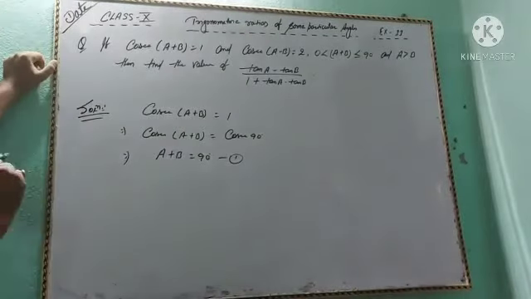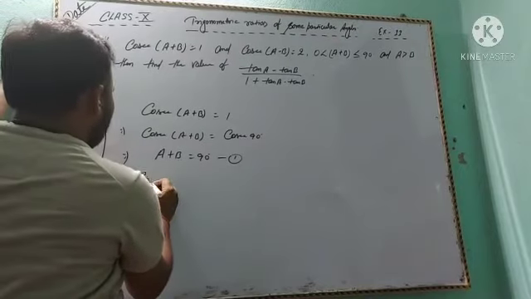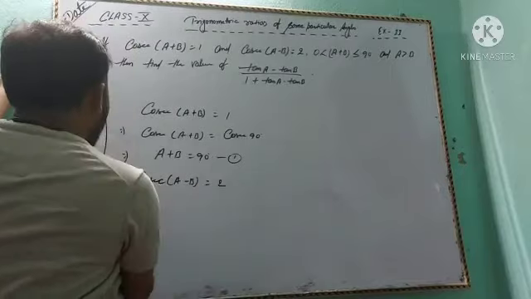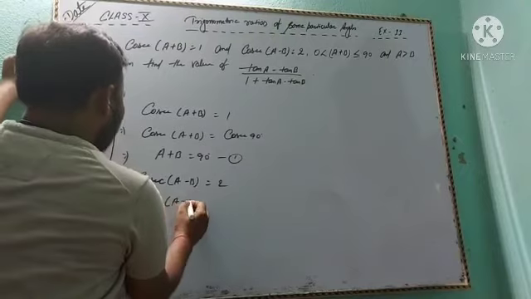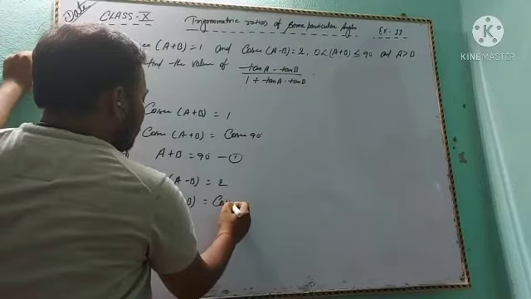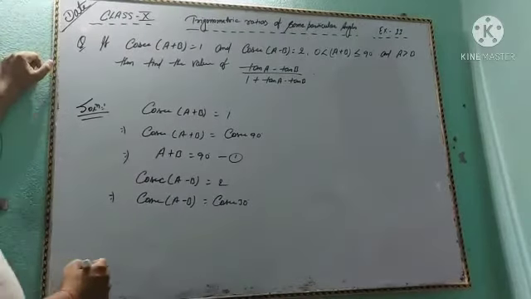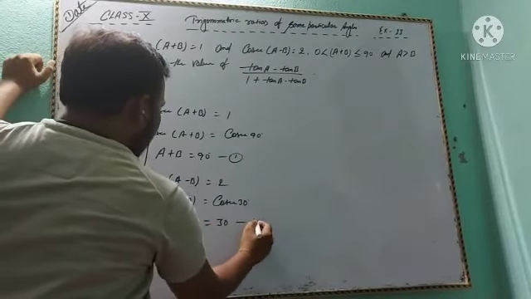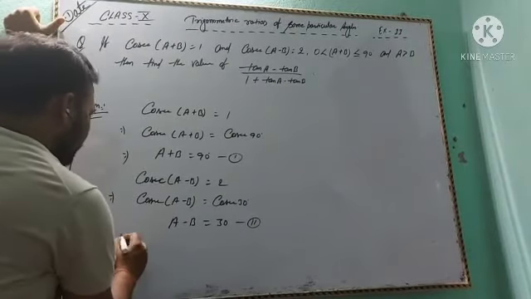And again, cosec A minus B is equal to 2. Cosec A minus B, and 2 is the value of cosec 30 degree. A minus B is equal to 30 degree. Equation 2.